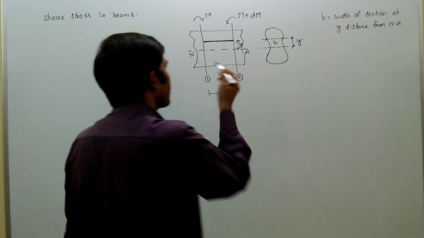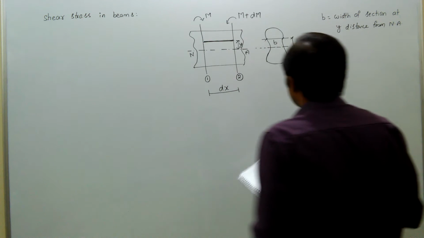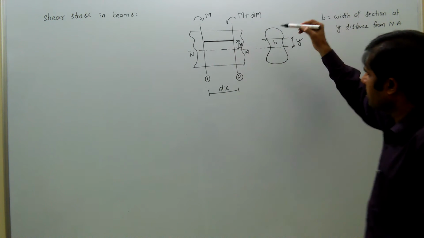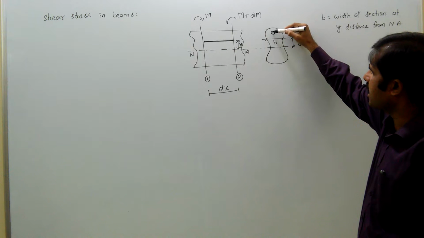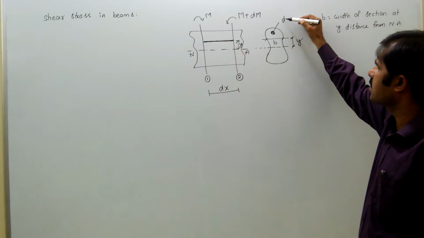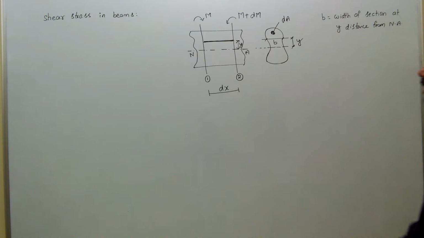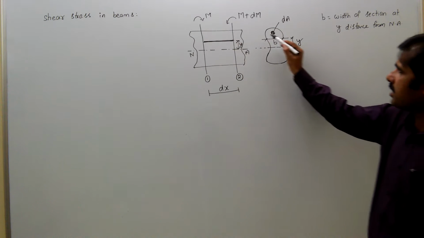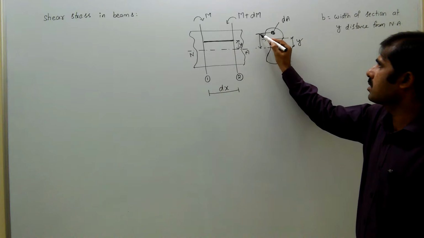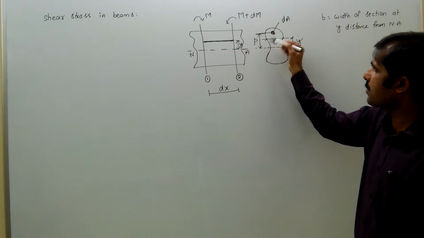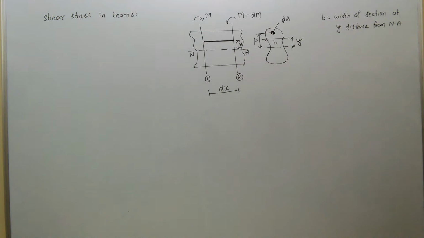Now, let us consider a differential element of area dA. This one is dA, a differential element of area dA, which is at some distance p from the neutral axis.